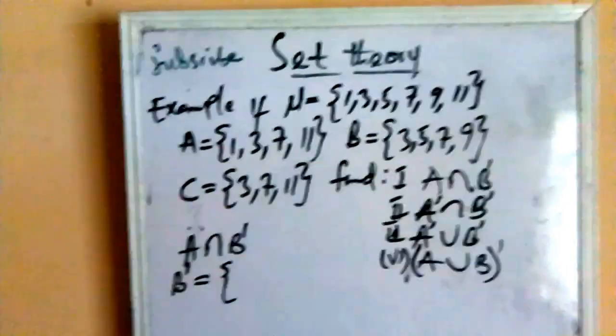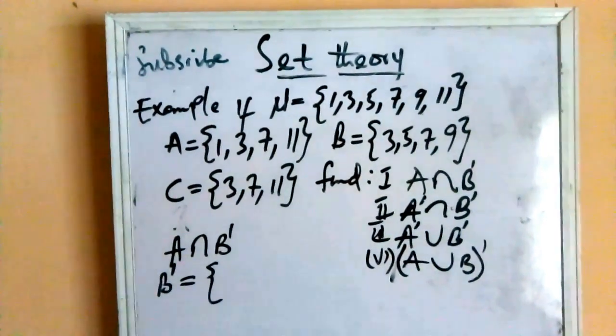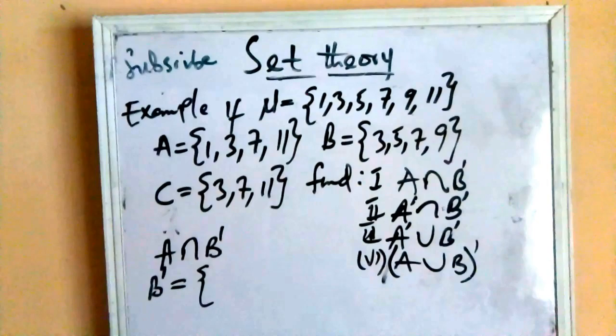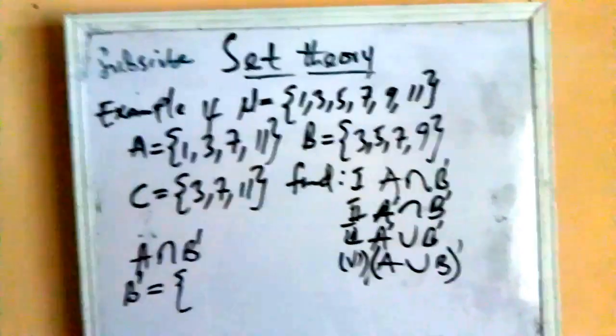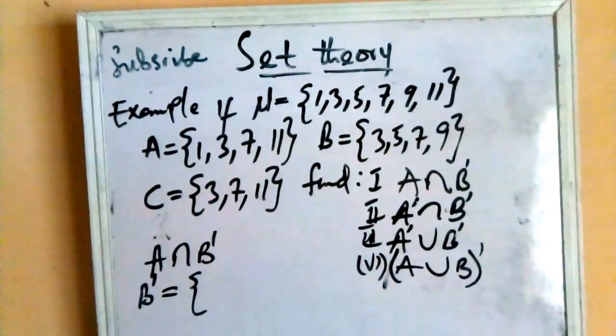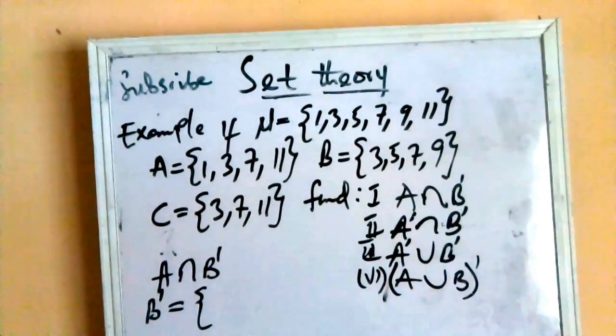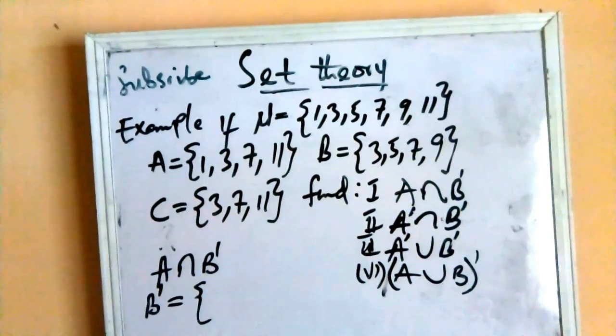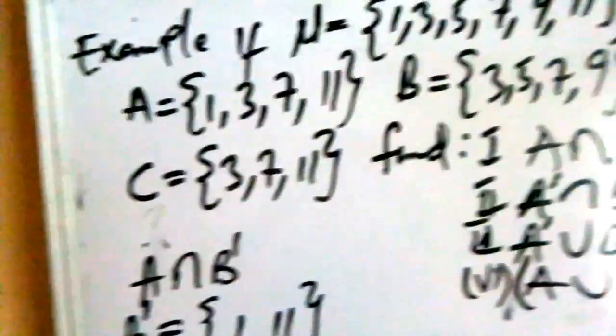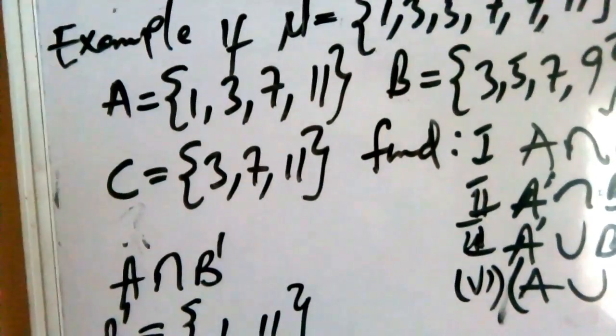Recall that B complement are elements that are in the universal set but not in B. So we have 3, 5, 7, 9 in B. So in B complement we have 1 and 11.